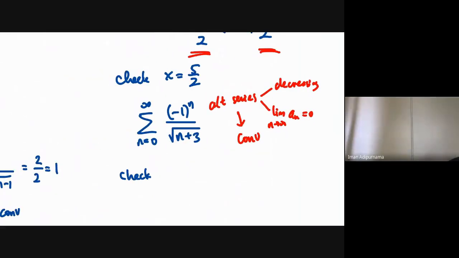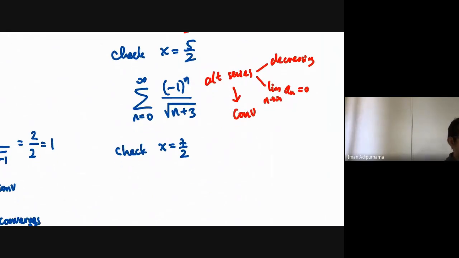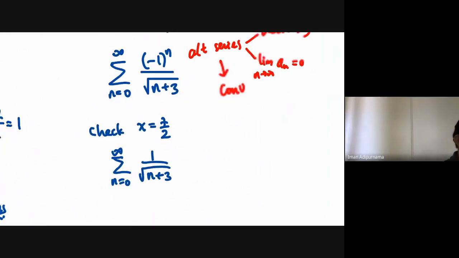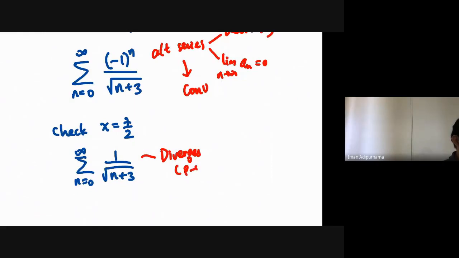And check when x is 7/2, it will be 1/(n+3), which is diverged, right? Because it is a p-series.